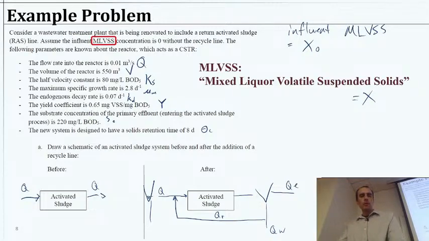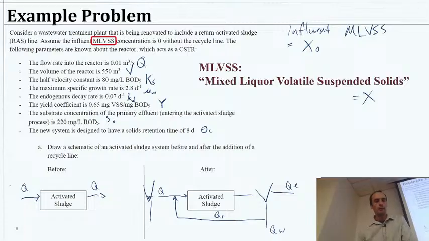Now for the parameters, you could just go back through the notes and look this up, but the half velocity constant, that's uppercase K subscript S. The maximum specific growth rate, that's mu max. The endogenous decay, that's our death rate for the microbes, KD. The yield coefficient is Y. The substrate concentration of the primary effluent, that's the stuff coming in, right?